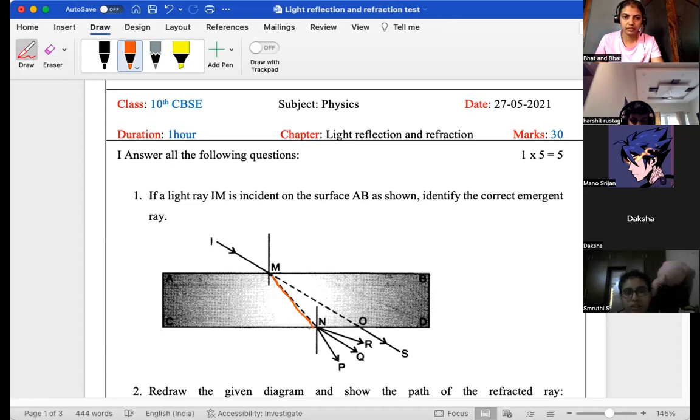This line. What is this one then? NP. Will it not be the correct one? See, what's wrong with NP, I will tell you.